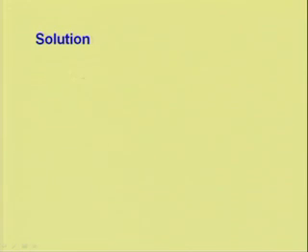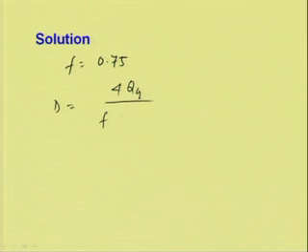So, the flooding pressure drop we can calculate. Now, we can calculate the diameter. F is given as 0.75 and D we can calculate as (4 Qg divided by F V s g × pi) to the power half.